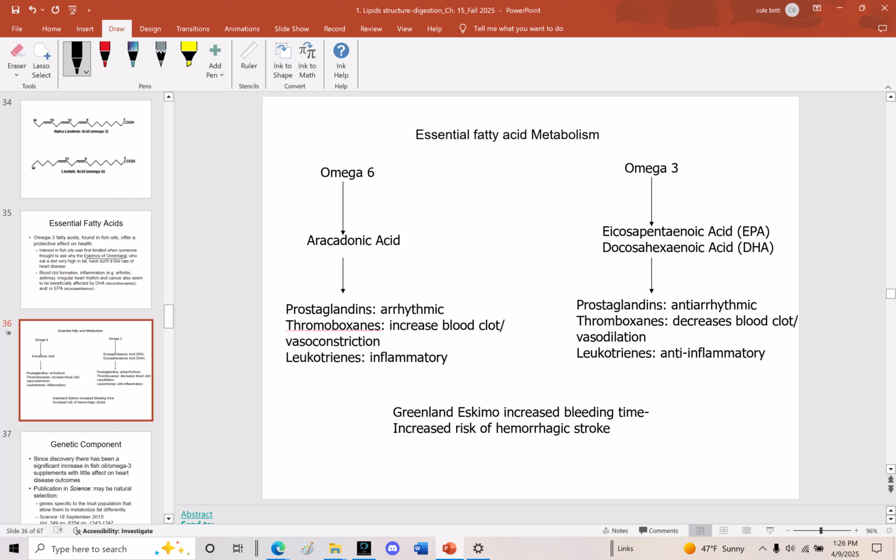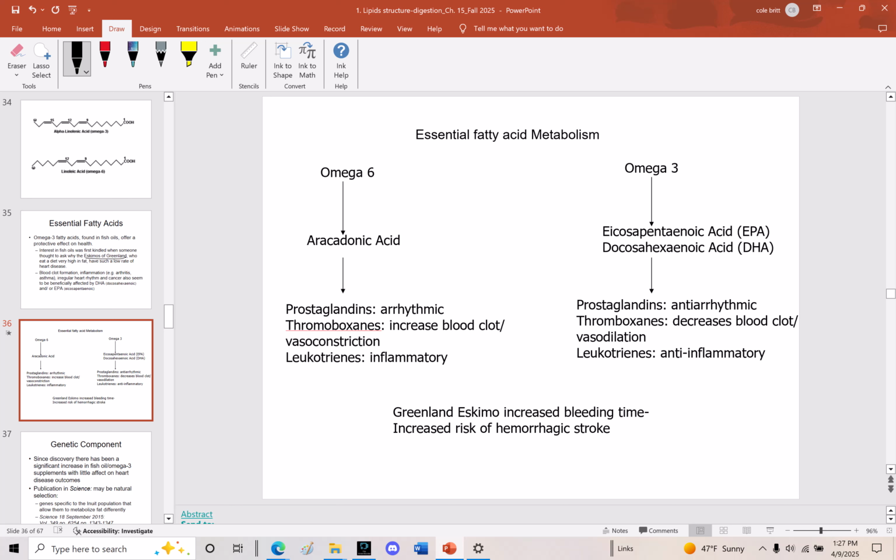So again, genetic component is always there when it comes to nutritional status. We can't assume that just because of the omega-3s in the diets of the endogenous populations of Greenland, and they have good health with that, we can just give Americans omega-3 supplements and hope that they have lower rates of heart disease. Because we did that.